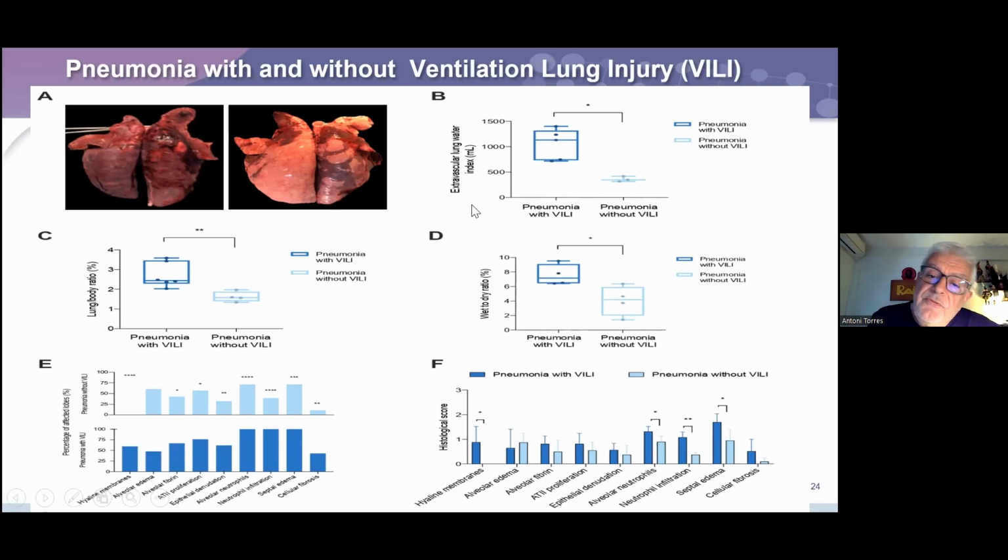And here we have the extravascular lung water as well, comparing the two groups, the wet to dry ratio and the histological score. So we think that this is one of the first models in animals ventilated for 4 days which could reproduce an ARDS.